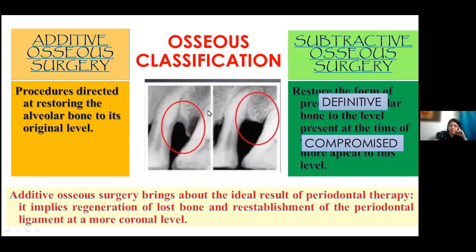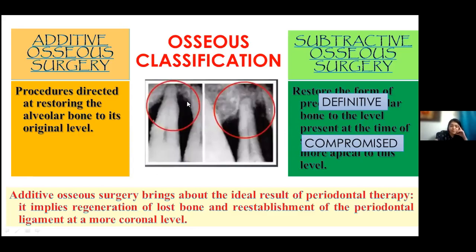Okay, here, if this is the pre and this is the post, subtraction. Yes, because if we can't graft, at least we will give it a positive, a flat architecture. Okay. Here we have achieved some regeneration. So then this can become additive. Okay.